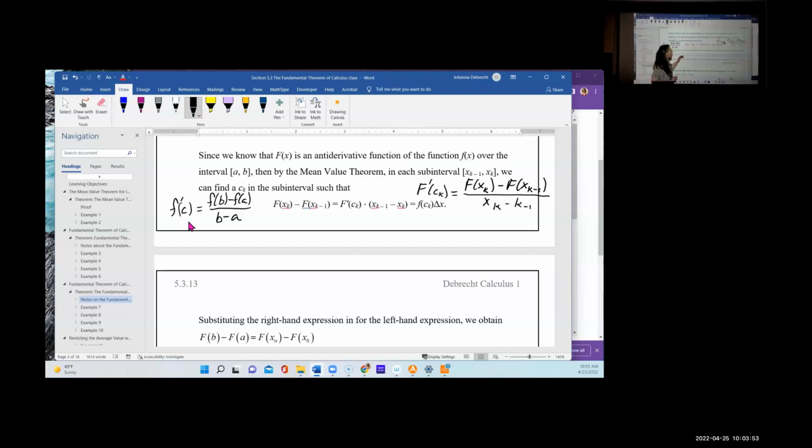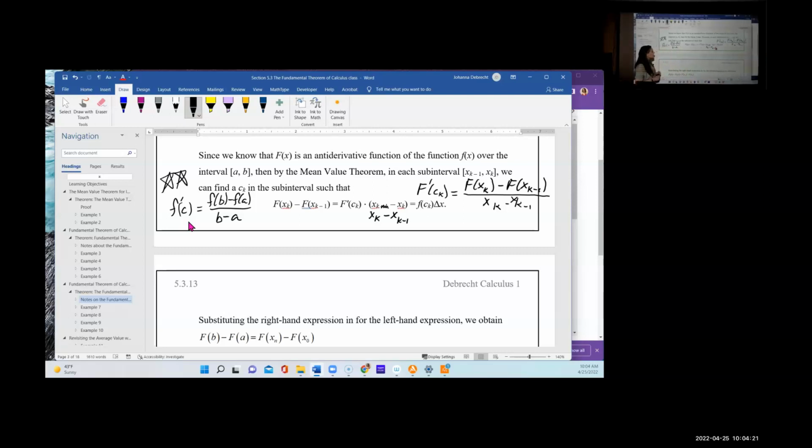And then we move, of course, the x sub k minus x sub k minus 1, and I lost my x over here, to the other side. I can see I've got a typo in here. This should be x sub k minus x sub k minus 1, like that. All right.